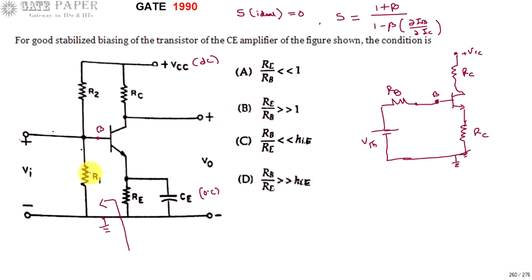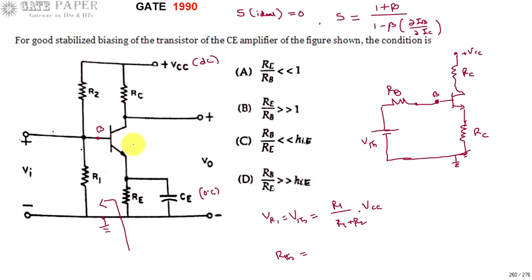Since it is the voltage division rule, if you neglect the base current, you can write VTH as R1 divided by (R1 plus R2) times VCC. This is VTH, and RTH is the equivalent resistance between base and ground.